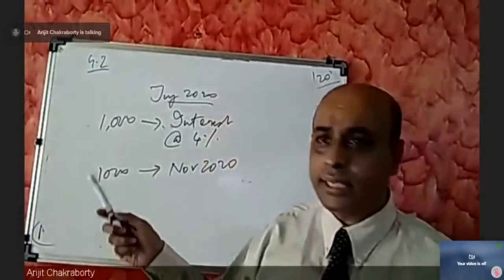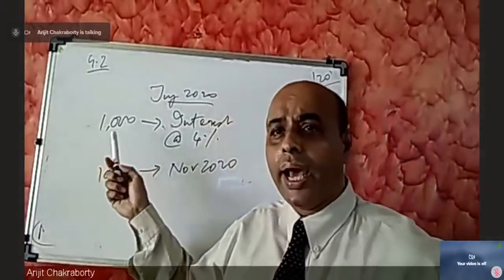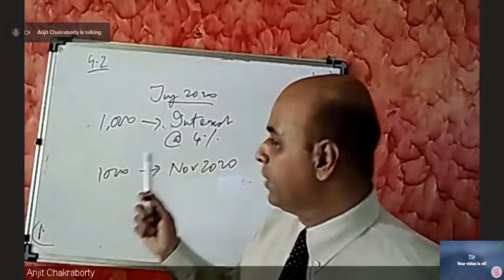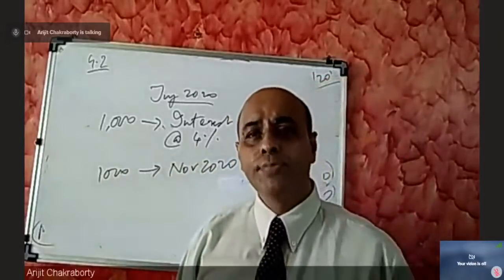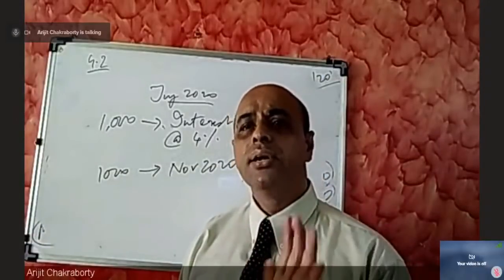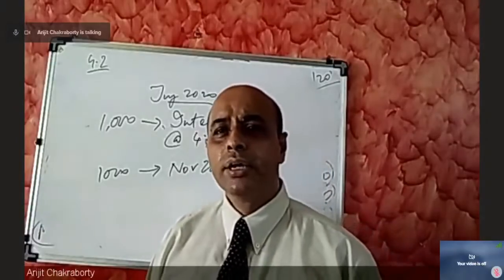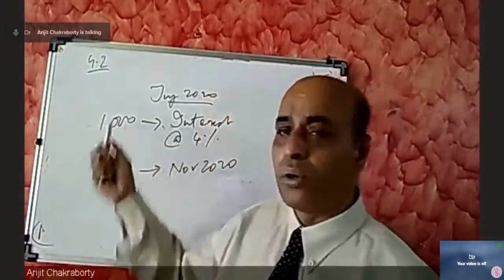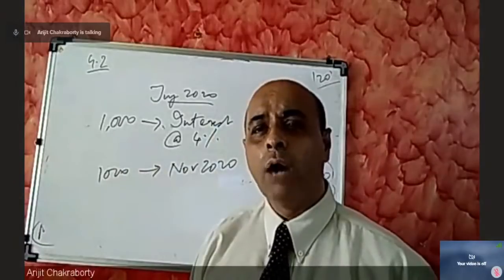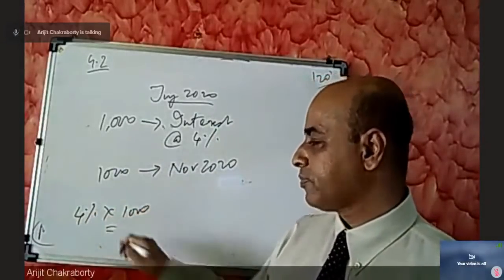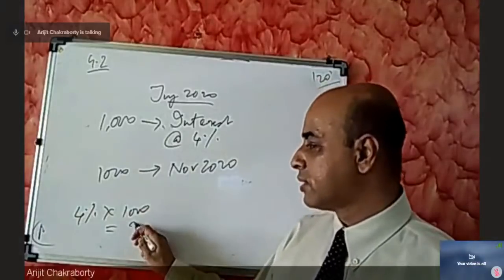So you are going to get 1,000 rupees in the month of July, and you will invest the money in a bank account. You will be getting 4% per annum, which means you will be getting 4% of 1,000. How much is that?